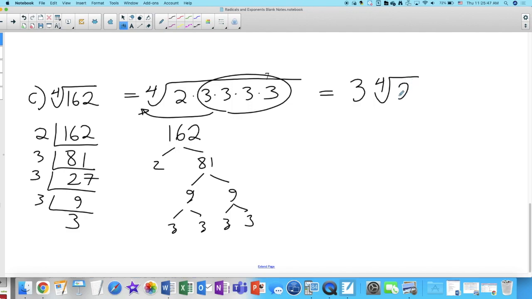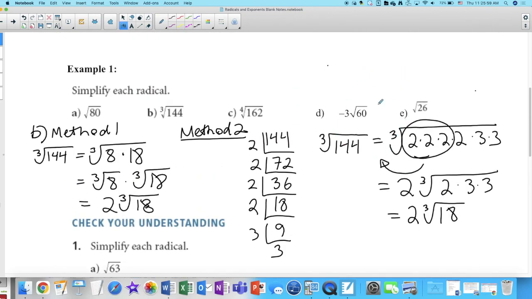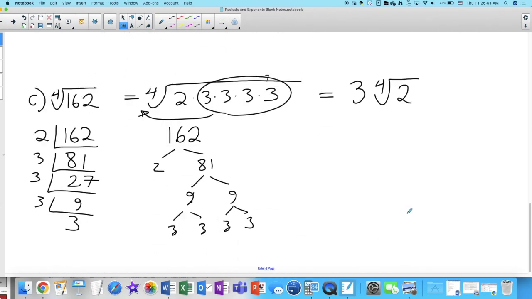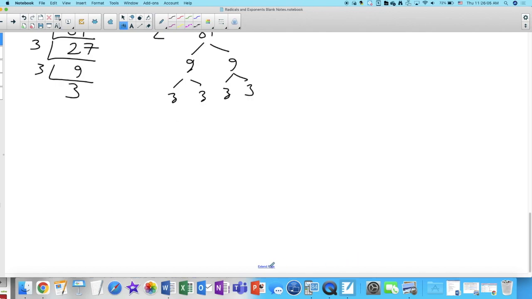All right, and then 2 more, and then I'm going to get you guys to try some yourself, okay? So the next one is -3 square root 60. Okay. So sometimes people get confused by something like this because it's already a mixed radical, okay?